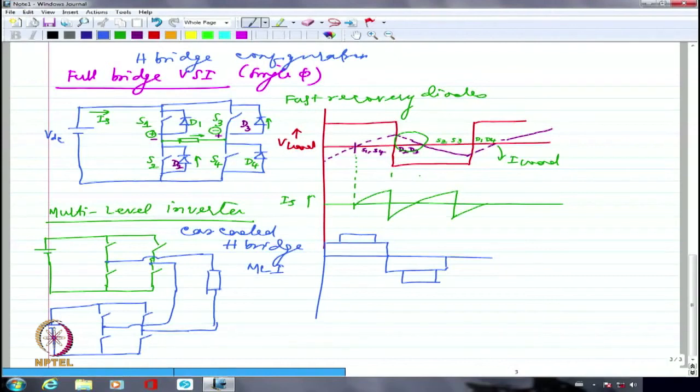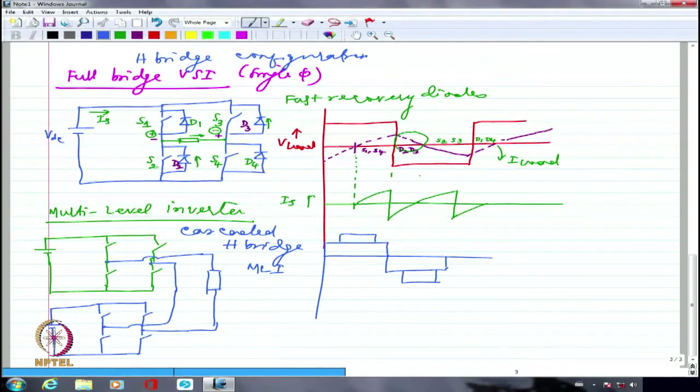We said that rather than using a 20 kVA transformer directly, you can use two 10 kVA transformers in parallel. So what backup you store is only 10 kVA, not 20 kVA. That way, it also reduces the rating of the backup. That is one of the major advantages we have in this cascaded H-bridge multi-level inverter topology.